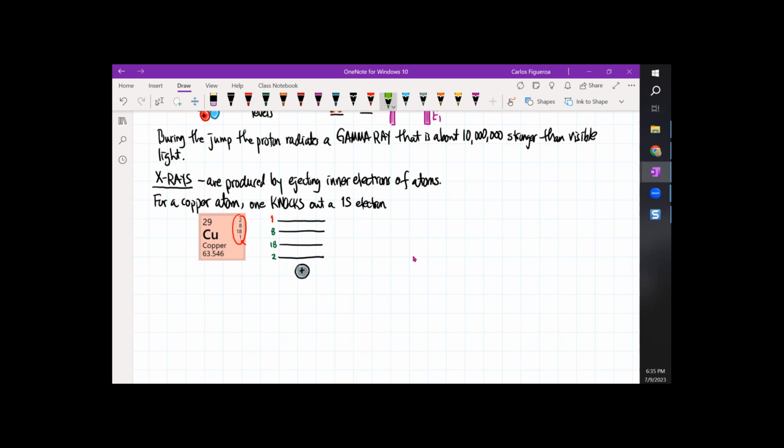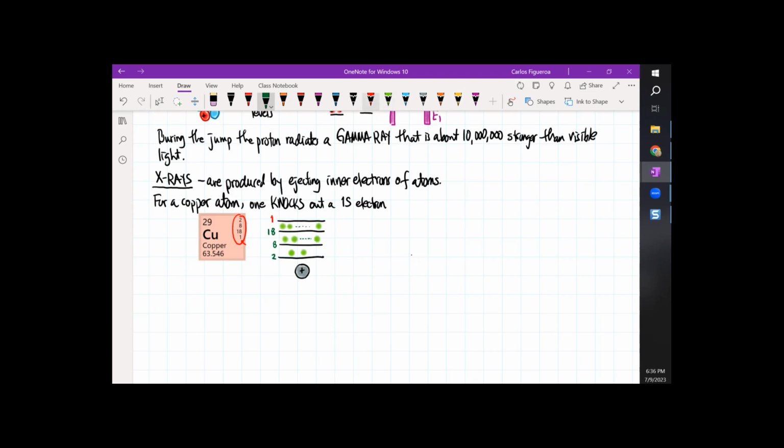It means that on this shell, or energy level, there are 2 electrons. In this one, they have 8, and then, oh, I reversed these. That is 18 up here. I know that's a silly mistake. And then up here, there are 18 electrons.